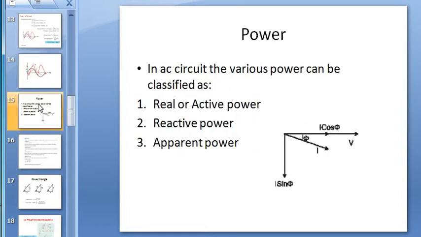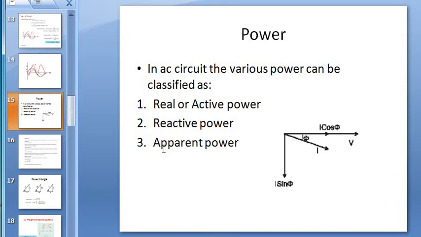Next, we have to obtain the power triangle. Before going to the power triangle, you should know what power is. In an AC circuit, there are various powers: real or active power, reactive power and apparent power.